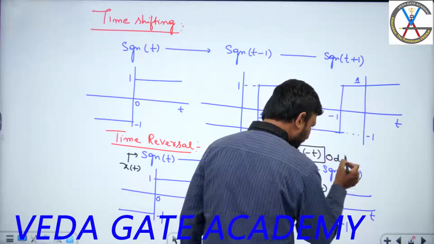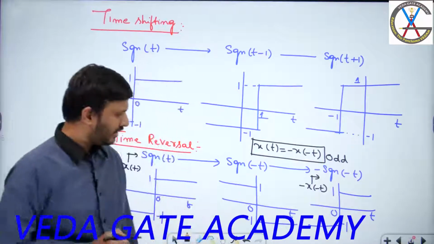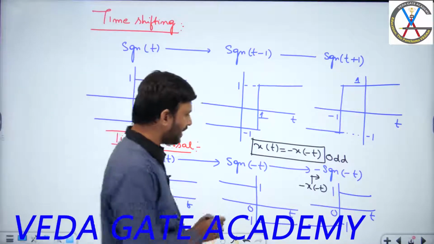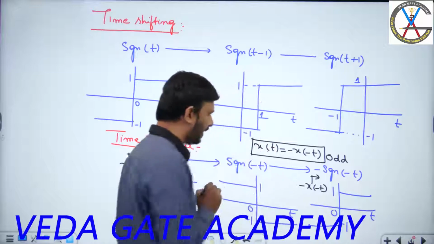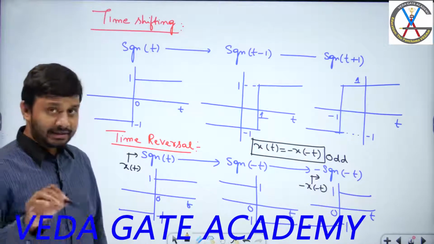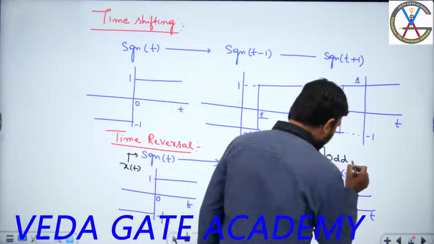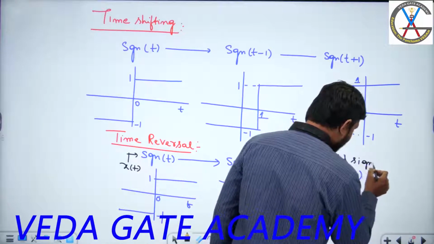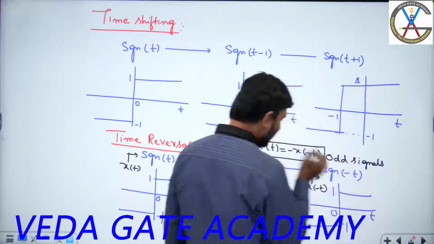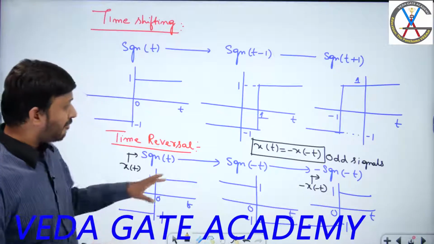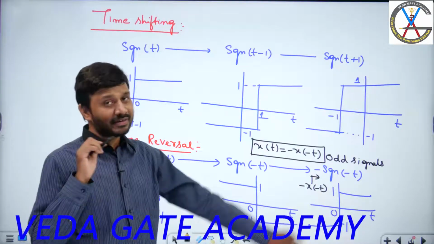Anyway, we have separate discussion on even signals and odd signals, but for the timing, remember that signals which satisfy this property, x of t is equal to minus x of minus t, are said to be odd signals, and our signum t falls in this category. Signum t is an odd signal.